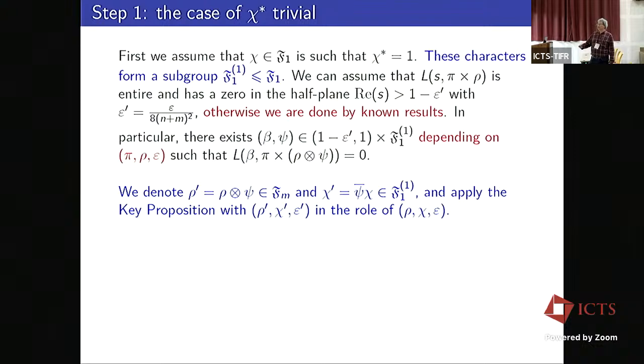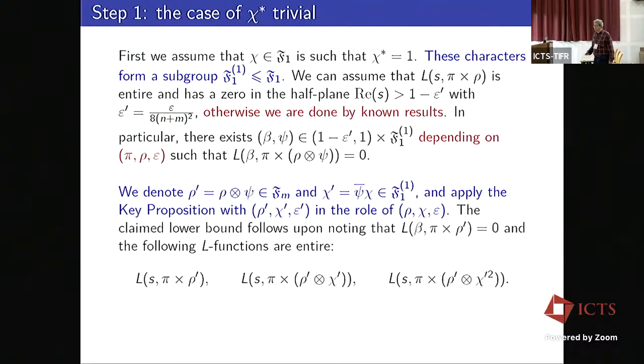So we pass from rho to rho twisted by psi, where psi has been determined as above, and we pass from chi prime to chi twisted by psi inverse, and then we apply the key proposition for the new data rho prime, chi prime, epsilon prime in the role of rho, chi, and epsilon. Epsilon prime is just a scaled version of epsilon.